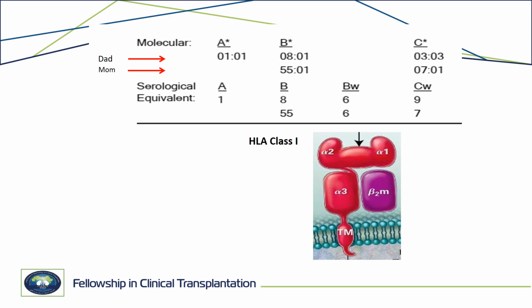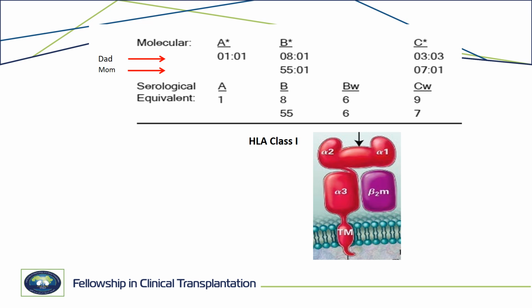We don't know which one comes from the dad and which from the mom, unless we do the parents' typing. And when we do the parent typings, we can know which one comes from the dad and which from the mom. So this is just a speculation, which one is the dad and which one is the mom.